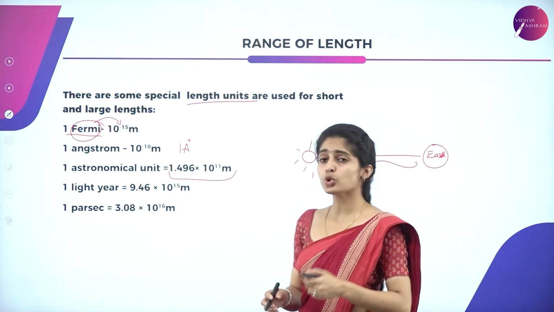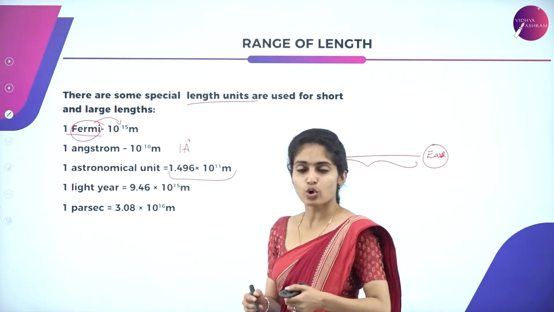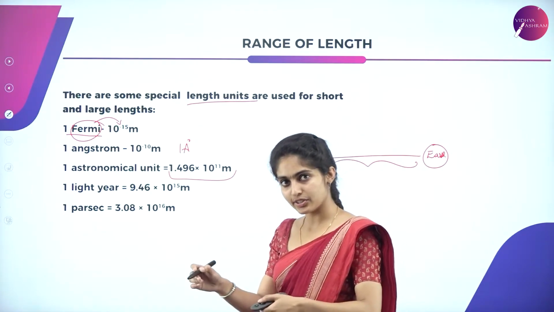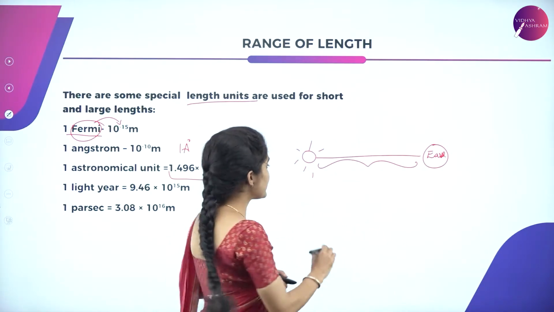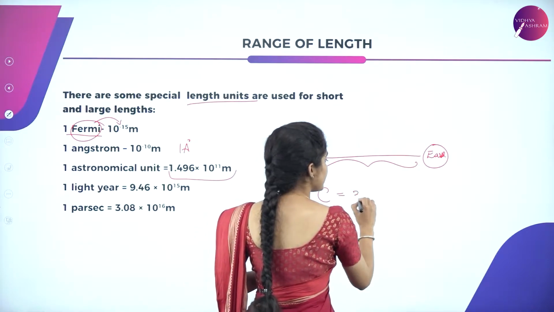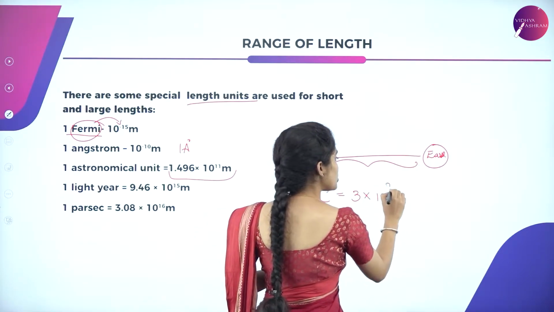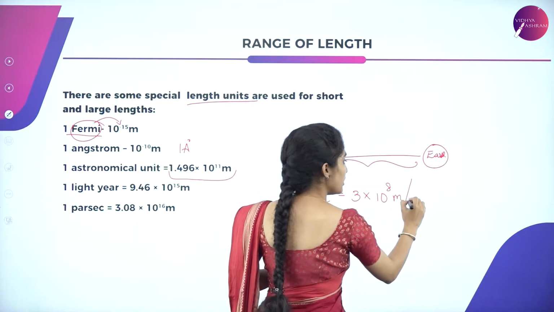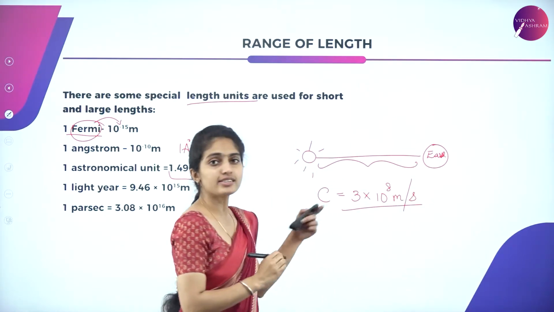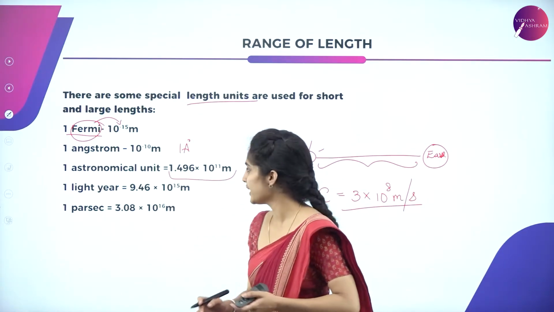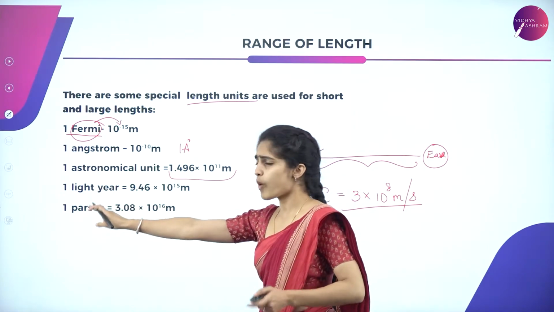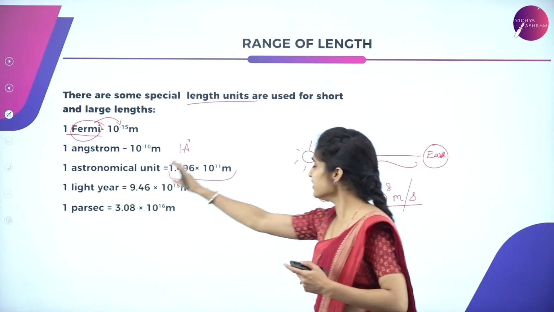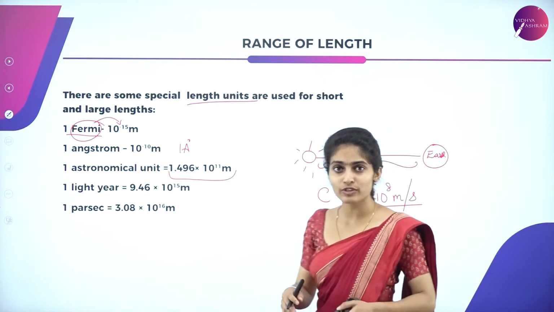So now coming to 1 light year. So what is this 1 light year? You all know the velocity of light is 3 into 10 raised to 8 meter per second. So this is the velocity of light. So what is this 1 light year and how is it related to the velocity of light?